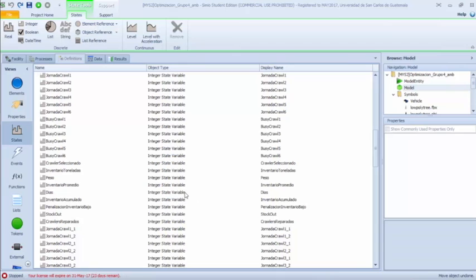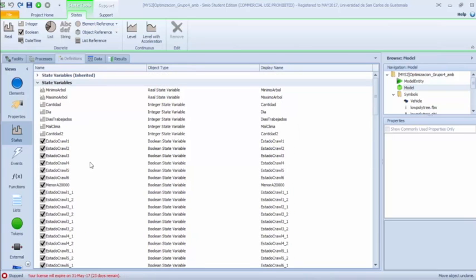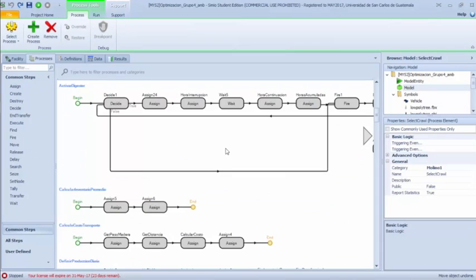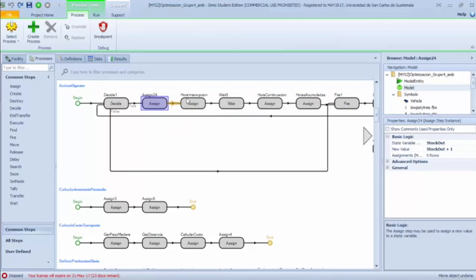Here in the definitions area, we have all the state variables that we needed to make the model work: the state variables for the weather conditions, for the inventory, for the penalties. And here in the process area, we have processes for the digester, and for each mill, where it decides if any stockouts ever occur and then waits until the inventory is reestablished.